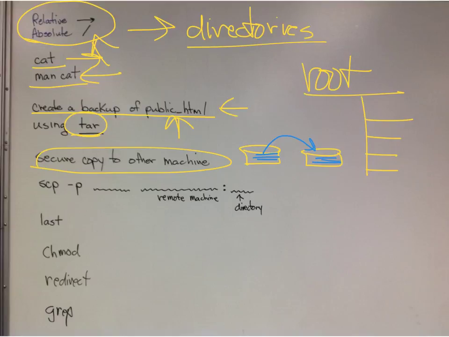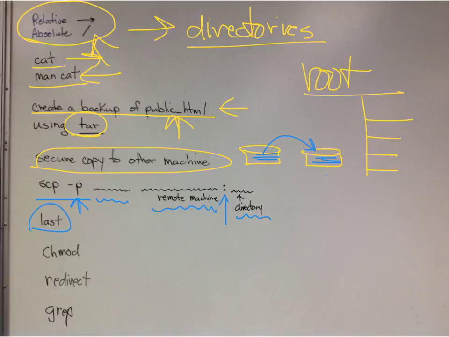Then we talked about looking at it and decompressing it, or extracting it, unzip it, however you might want to term that. Talked about secure copy, preserve the dates and so forth. This was the file, this was the remote machine, remember the colon, and then the directory you want to copy it to.